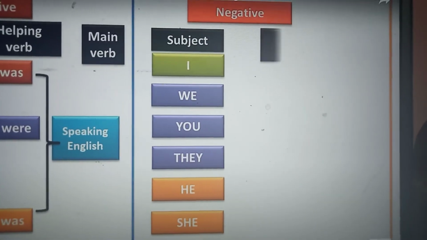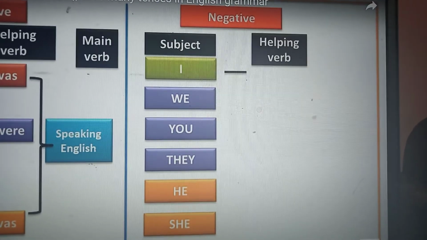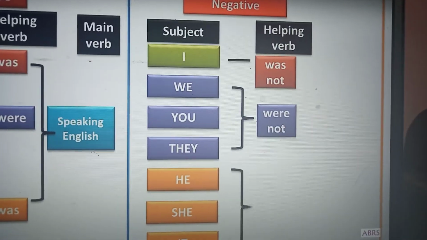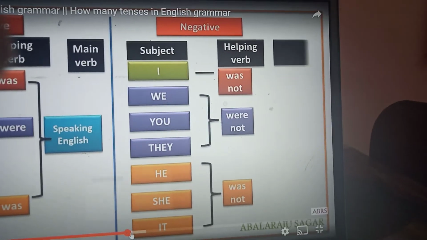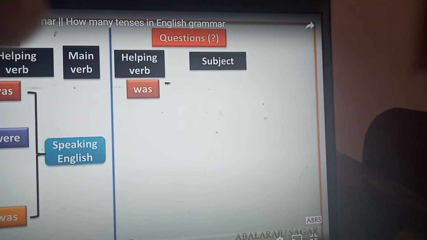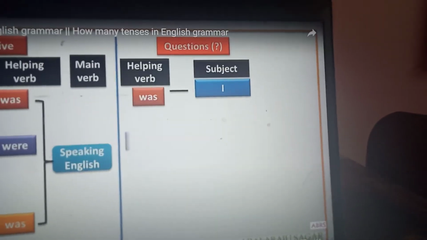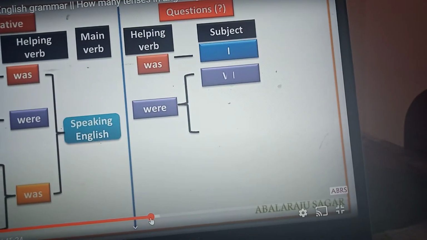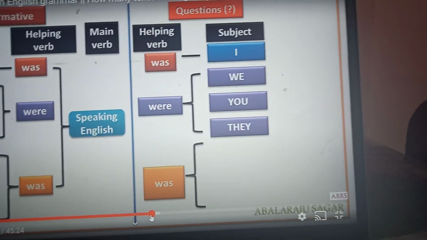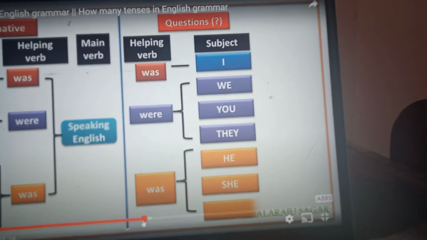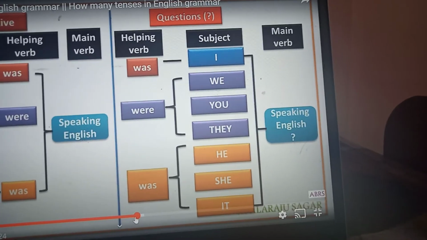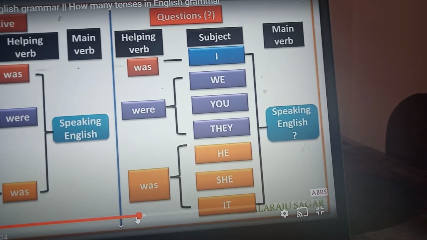Negative: I was not, you were not, she was not. Next is questions. Was I, were we, were you, were you speaking English, were they, was she, was he speaking English, was it speaking English.